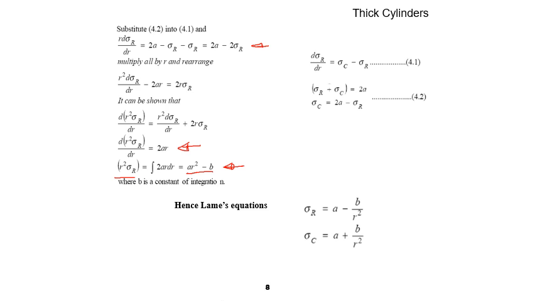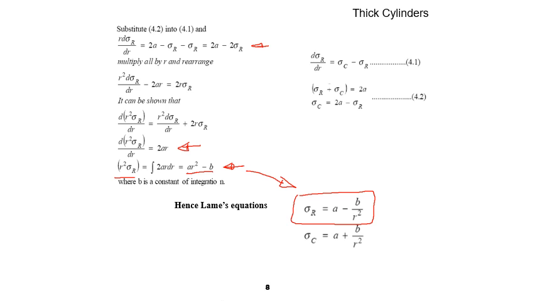Now if we rearrange this, we'll have this equation here. Sigma r is equal to a minus b over r squared. Now this comes from this equation here. Okay, so that is our first equation.